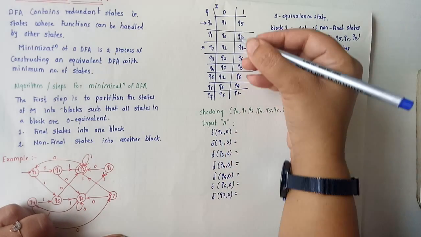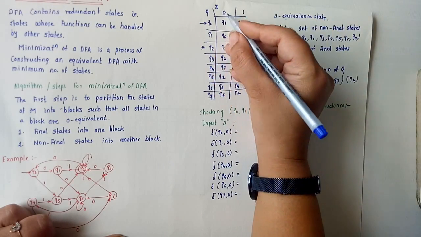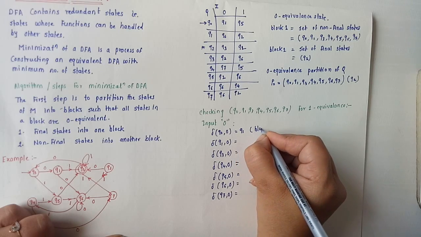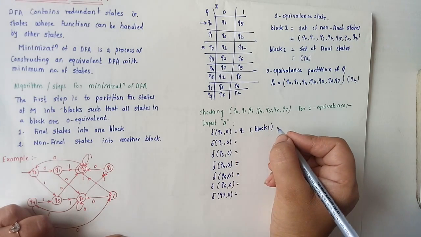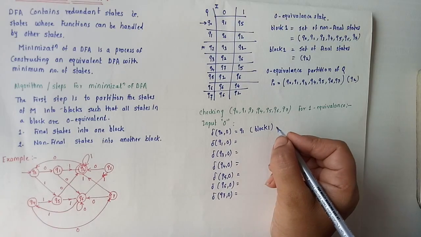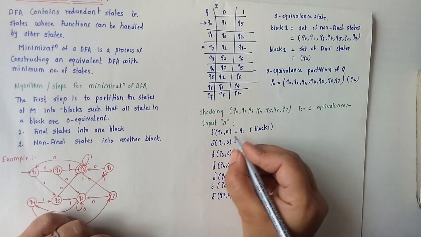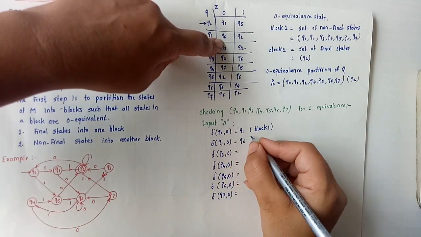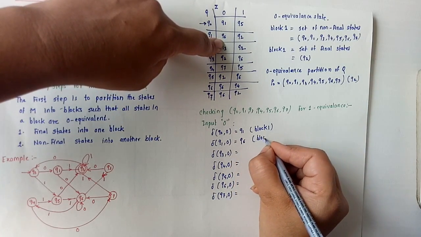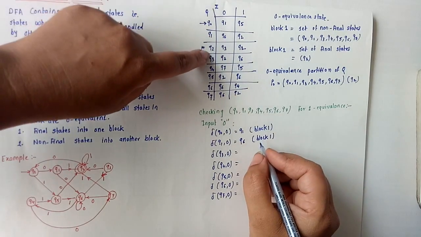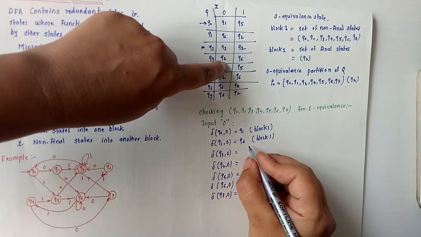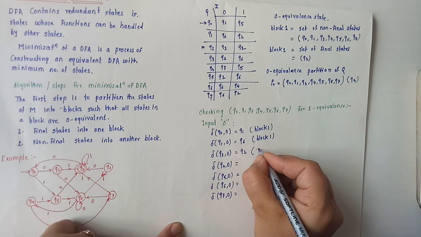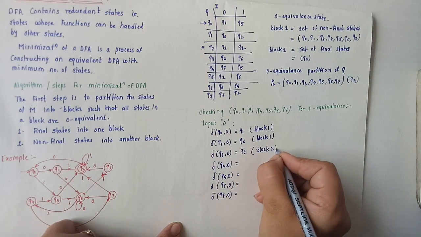From the table we find q0 on 0 is q1, which is in block 1. Next q1 on 0 is q6, also in block 1. Next q3 on 0 is q2, which is in the other block, so we write block 2.